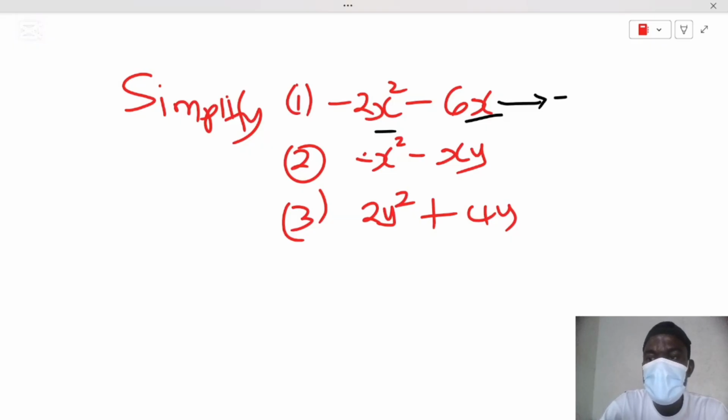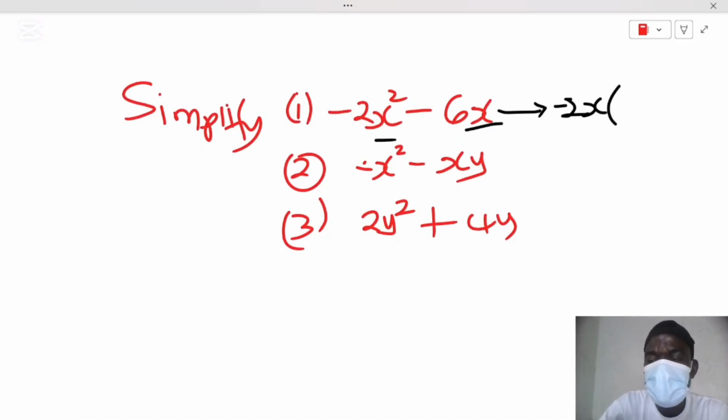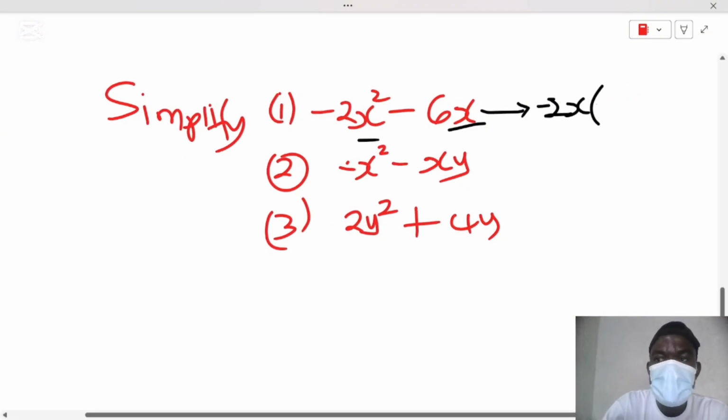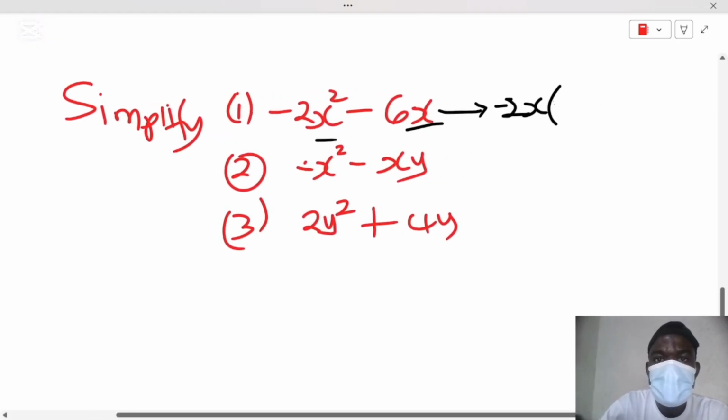So the common factor is negative 2x, and you put a bracket. Negative 2x squared divided by negative 2x is x.